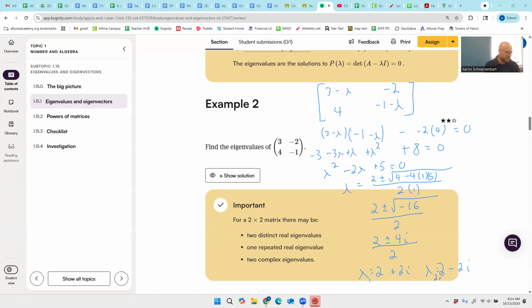So here's what an eigenvector looks like. And we're now going to find the eigenvectors for our first example.